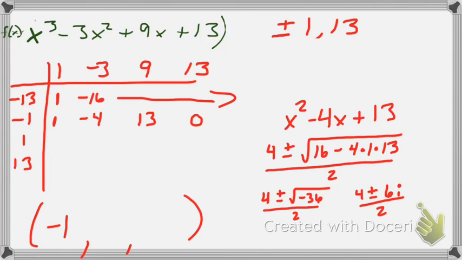The square root of negative 36 is 6i, which we talked about last chapter. And if I check my triangle, that simplifies to 2 plus or minus 3i. All covered last chapter. All will be on your final December 21st and 22nd. So my other two solutions are 2 plus 3i and 2 minus 3i.